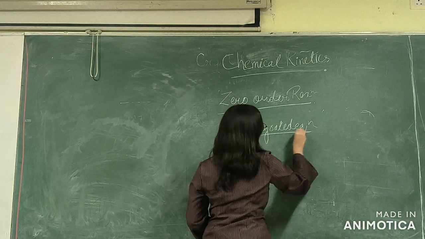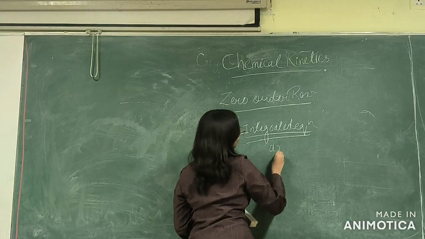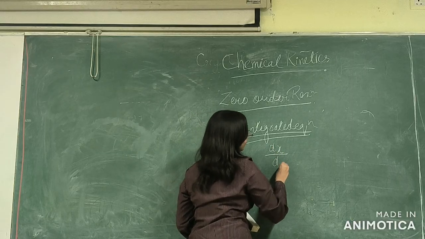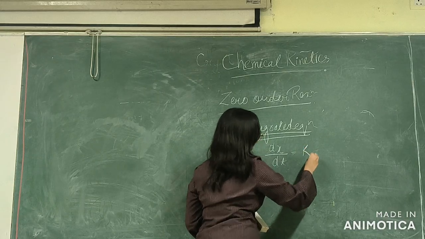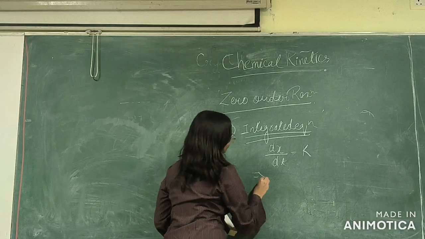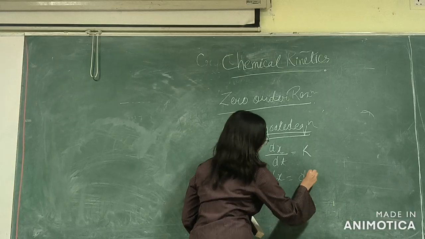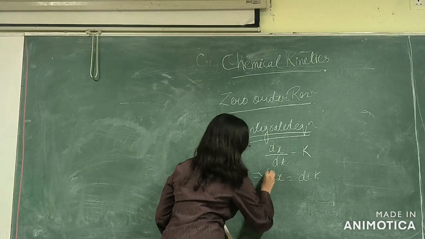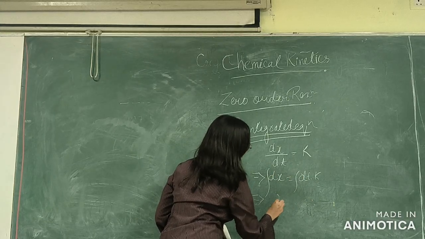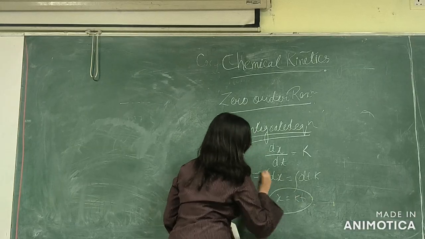Integrated equation. From the differential equation, what did we get? We recall that dx by dt is equal to some constant, let us say k. The basic integration we will do here, nothing much. By integrating we will get x is equal to kt.